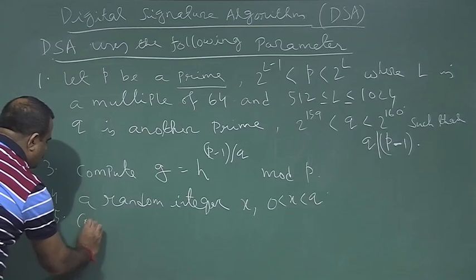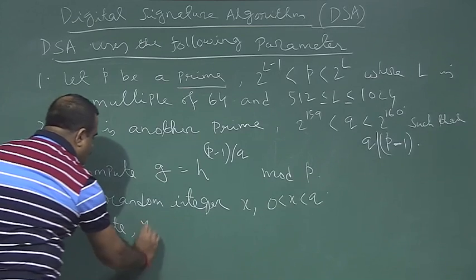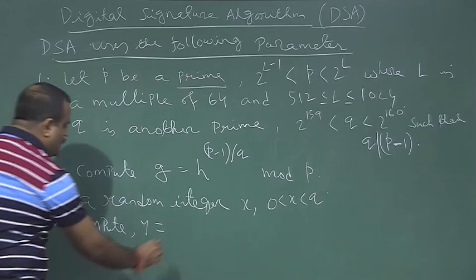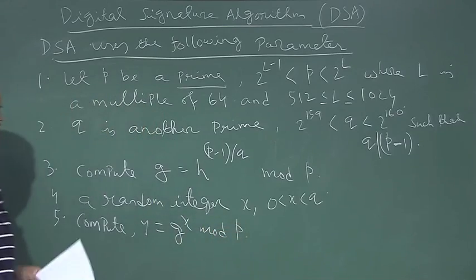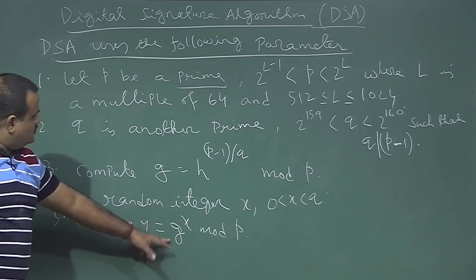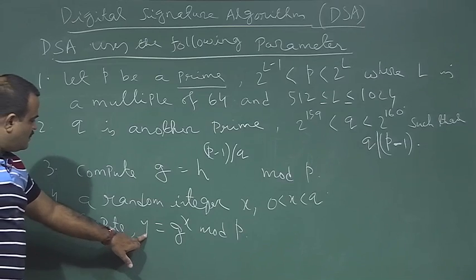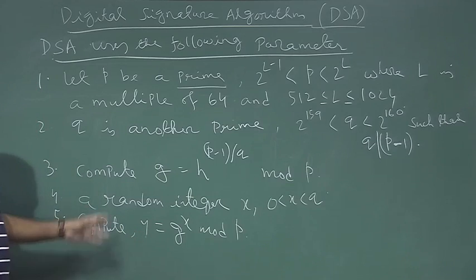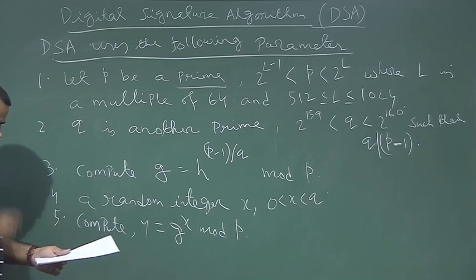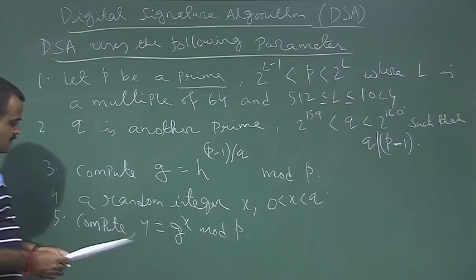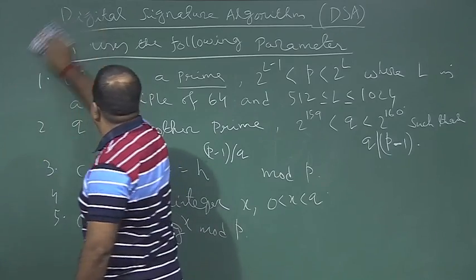We compute y equal to g to the power x mod p. So g we know, so we can compute g to the power x mod p, and this y will be the public parameter of the individual and x will be the private parameter of the individual.